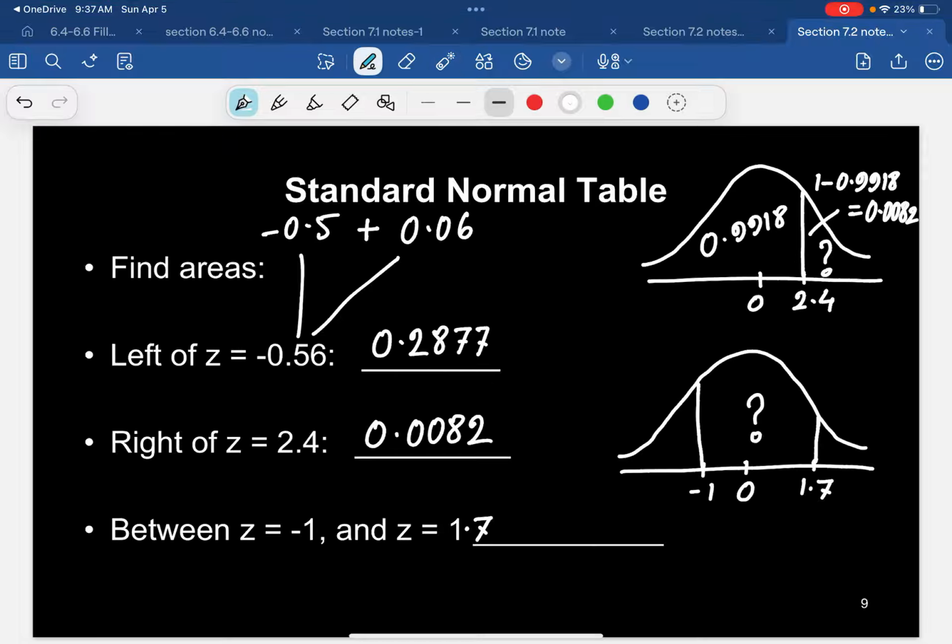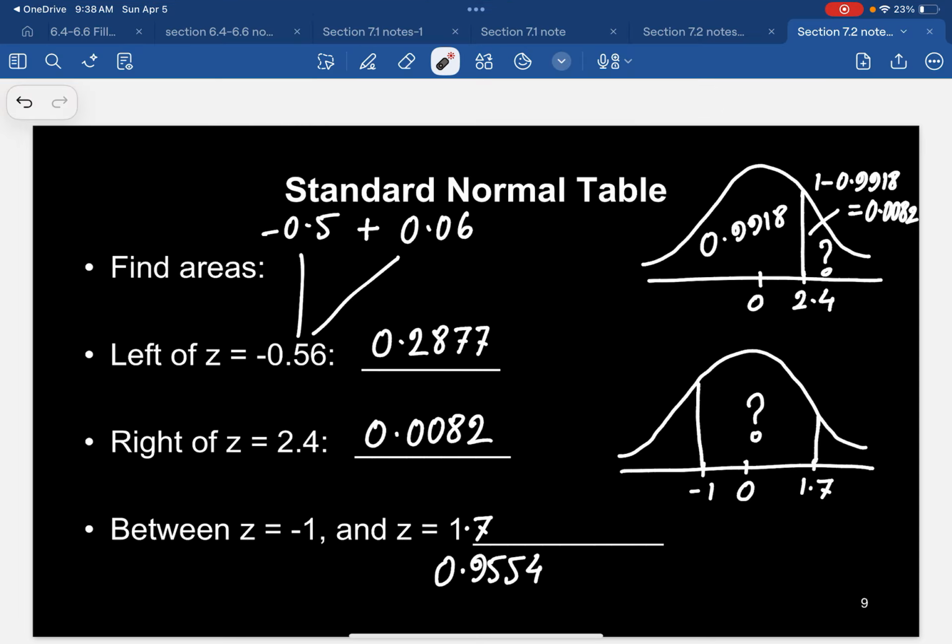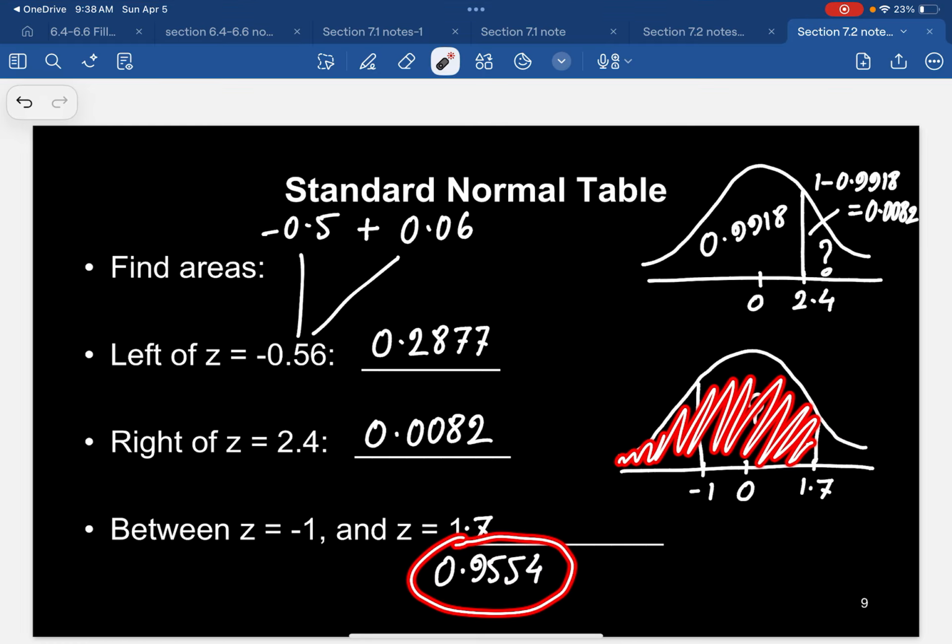For z equals positive 1.7, the area to the left of that z-score is 0.9554 from the table. So this guy over here is basically the area to the left of 1.7 all the way through to the left end, right?